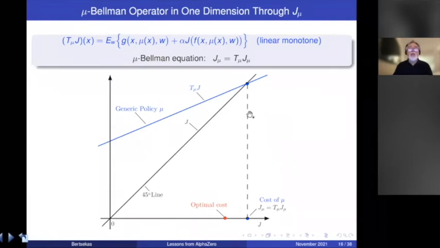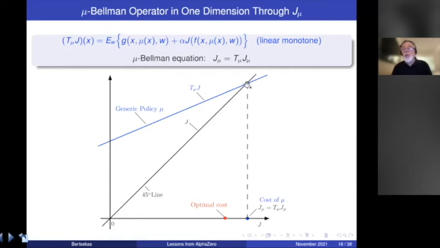Okay, so let's visualize the mu Bellman operator. It's given by this equation. The mu Bellman equation is this. J mu is a fixed point of T mu. And the operator has a linear graph. It's this blue line that you see here that defines T mu of J as a function of J. And to find the cost of mu, J mu, I have to find the point where this blue line meets the 45-degree line.